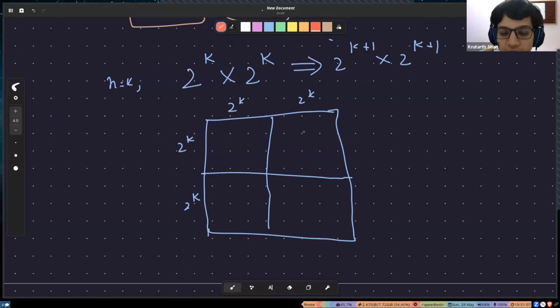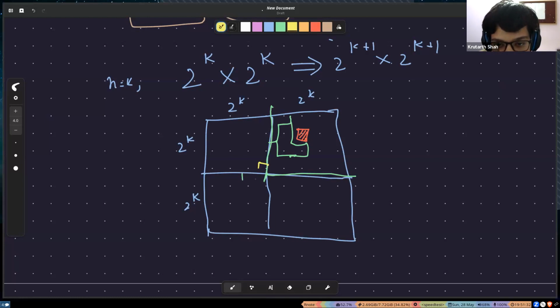We know that there will be one part where I have removed a square. By the induction hypothesis, I can tile this with trominoes in some way. So this part is dealt with. Now the problem is that we want to tile these 3 other parts too.